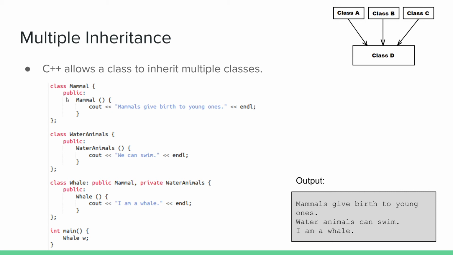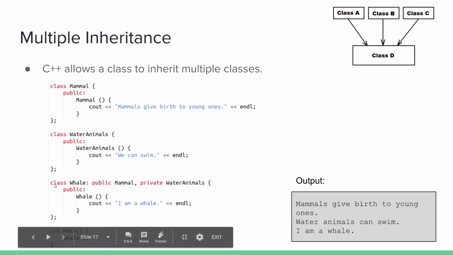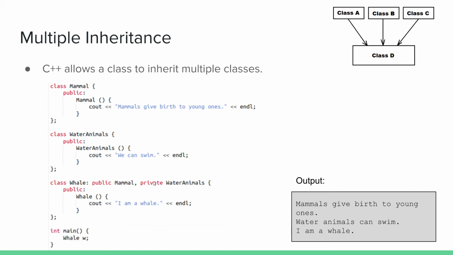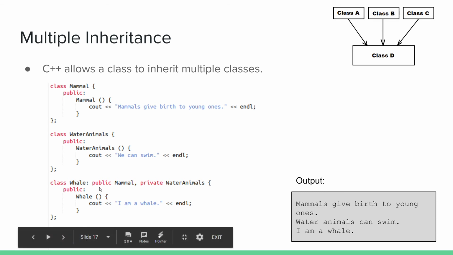In this example, I've created one class called mammal. It just has a constructor. Another class called water animals. It again has a constructor which prints something. And then this class called whale is inheriting the mammal class as public, and the other one, water animals, as private. We'll be talking about these access specifiers in the coming slides.